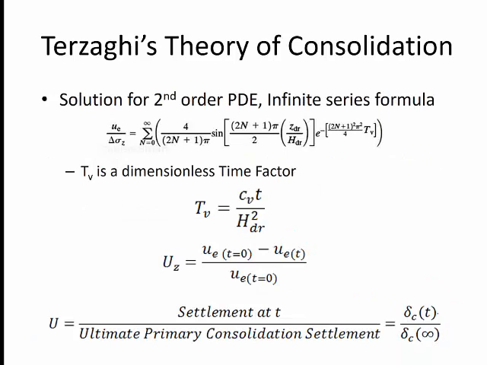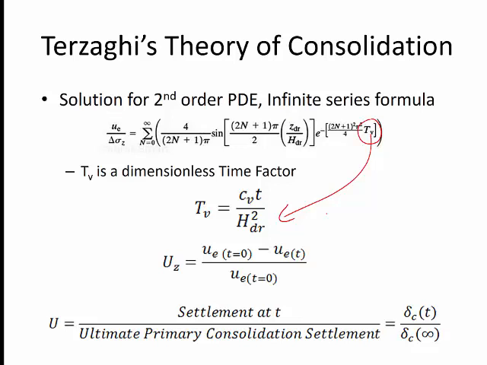The answer to that second order partial differential equation that we saw looks something like this, but the important feature is this T sub v right here. That time factor equation becomes very critical for us to utilize to determine what our coefficient of consolidation really is. And as you can see, that time factor just equals the coefficient of consolidation multiplied by the time it takes to consolidate, divided by the square of the drainage height.